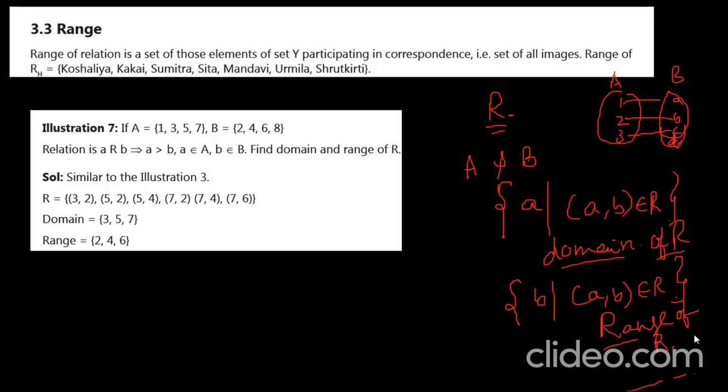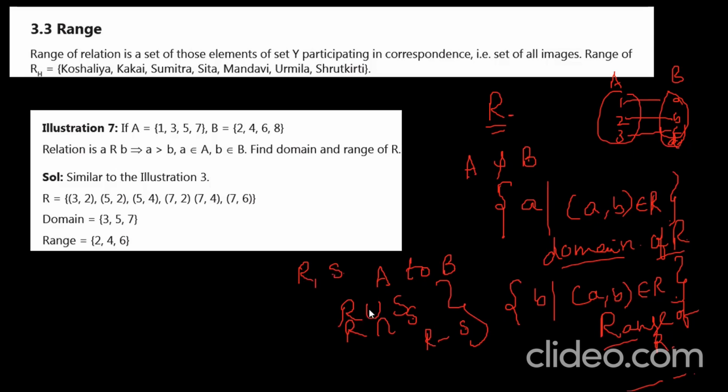Suppose R and S are two relations from A to B. Then R union S, R intersection S, R minus S are also relations from A to B. You understand?